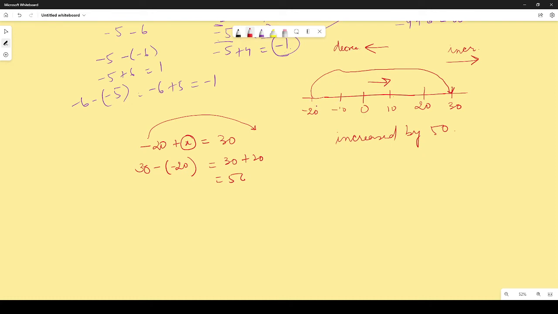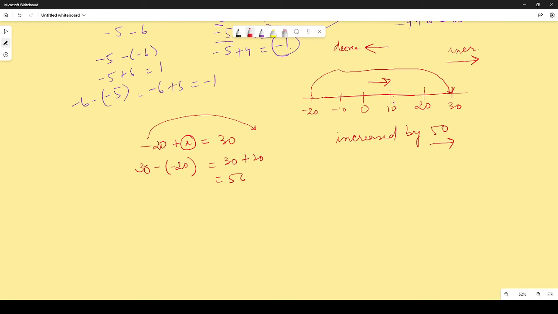I have marked it in tens so that it is easier. So minus 20 to minus 10, that is 10, 20, 30, 40, 50. So it has increased by 50. Why do we say it has increased by 50? Because we have moved to the right side. And every time we move to the right side, we are adding those numbers. So it is increasing by this much.